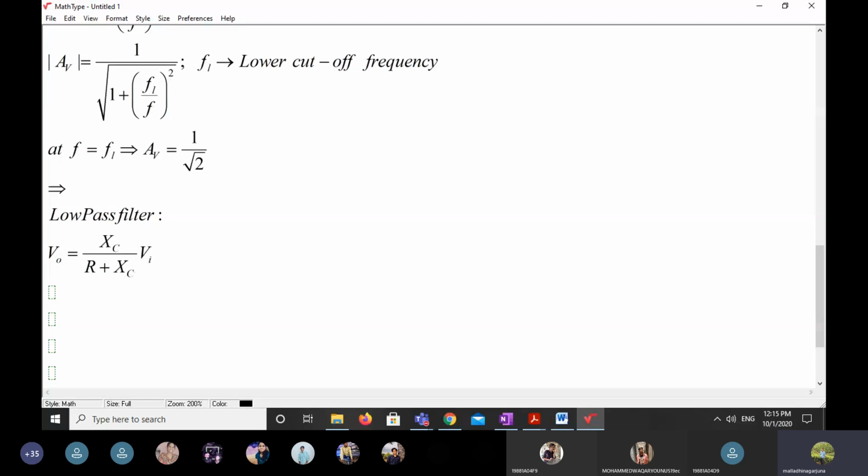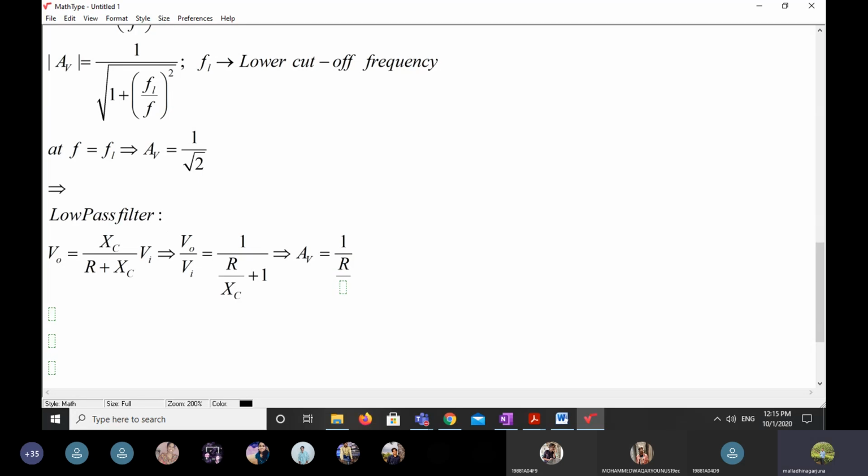So V0 divided by Vi equals 1 by R divided by Xc plus 1. Can I write like this? You take Xc as common in both the numerator and the denominator, so 1 by R by Xc plus 1.